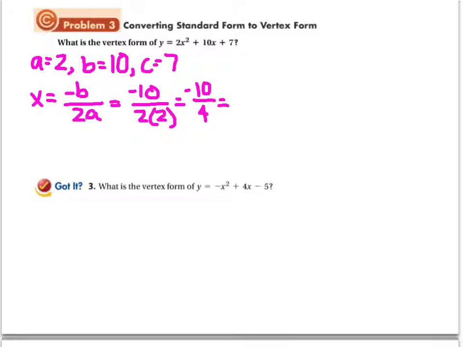Yes? You sure can. Let's do that for this one. Negative 2.5, that's fine. Fraction or decimal, doesn't matter.